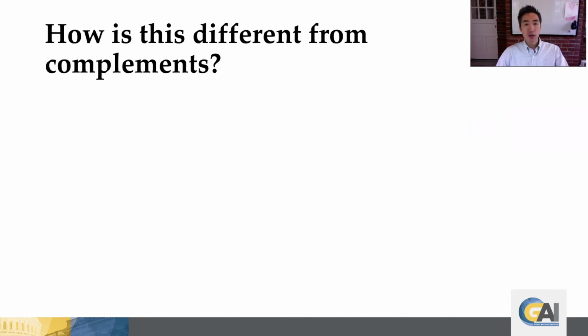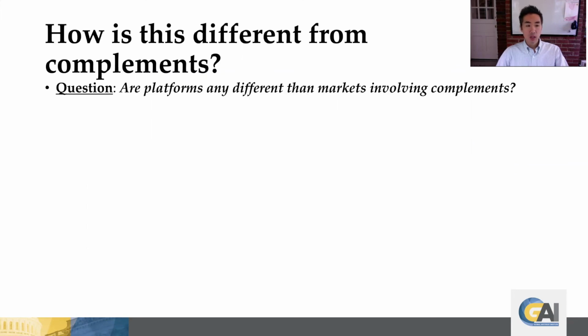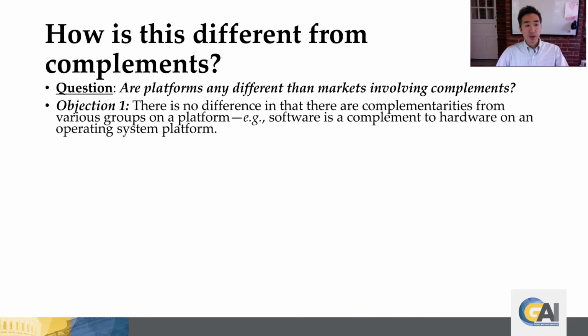Now, sort of the final thing I want to talk about is how is this different from complements? So the question is, are platforms any different from markets involving complements? So here's one potential line of argument or objection. Objection 1: There's no difference in that there are complementarities between various groups on a platform. Software is a complement to hardware on an operating system platform.